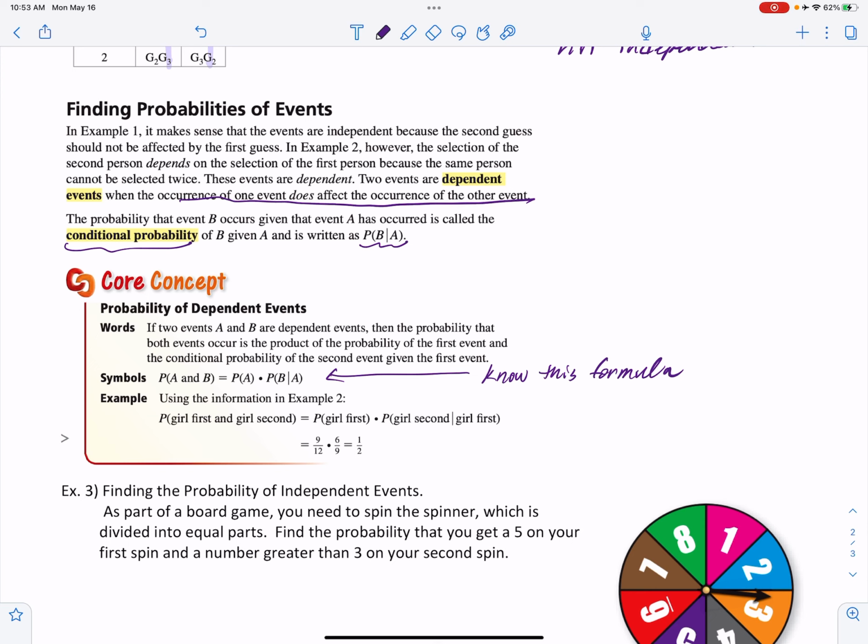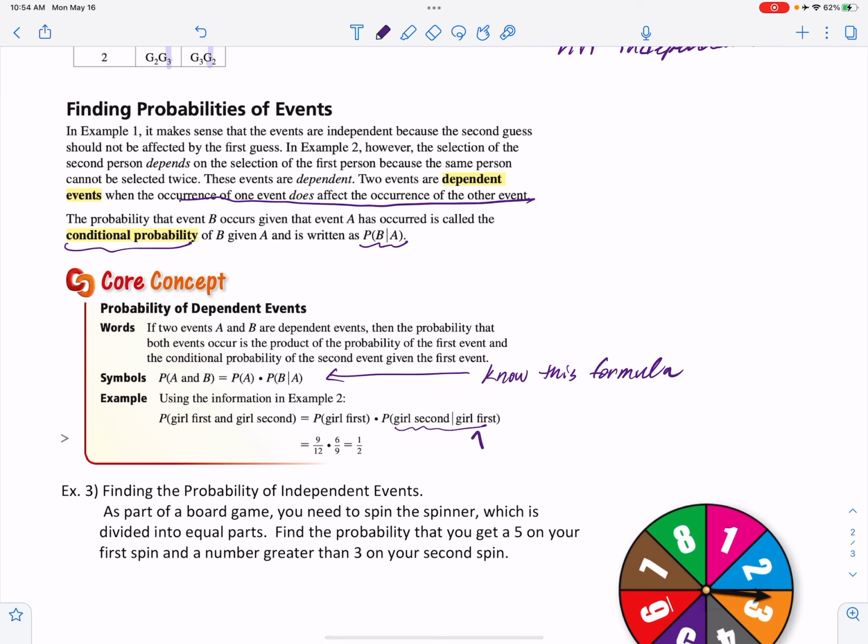And so if we look at using the information from example 2, the probability that the girl is first was 9 out of 16. And then the probability that the girl was second, given the girl was first, would be 6 out of 9.